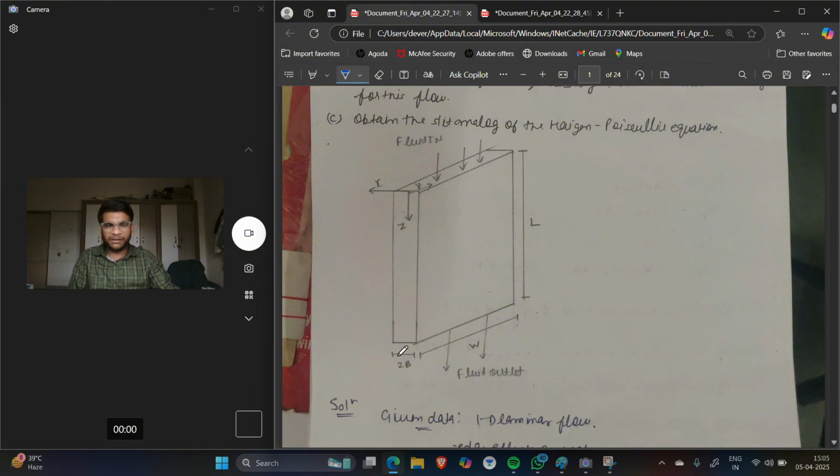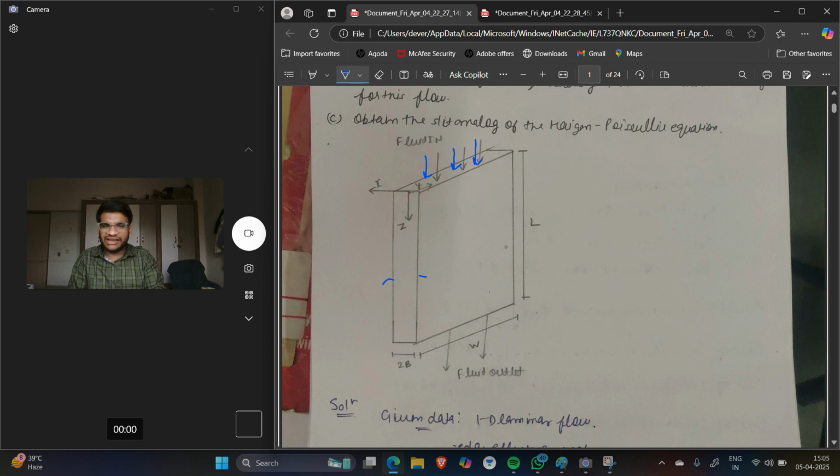So this is my diagram. Okay. So you can see here fluid is flowing in this direction. Okay. This is my slit. Here 2b is the thickness of the slit, or you can say the distance between the two boundaries b1 and b2. Okay.